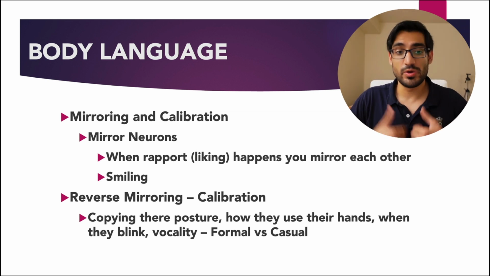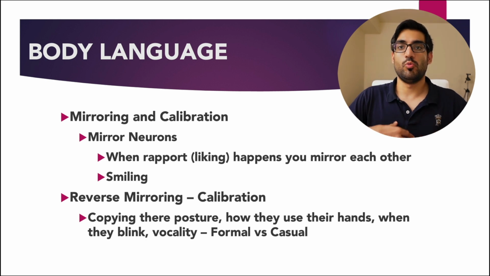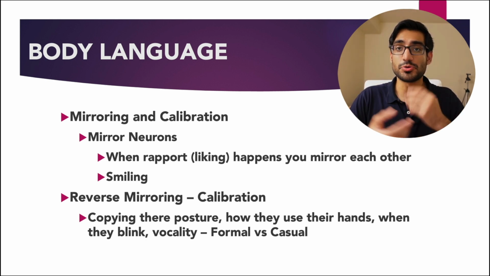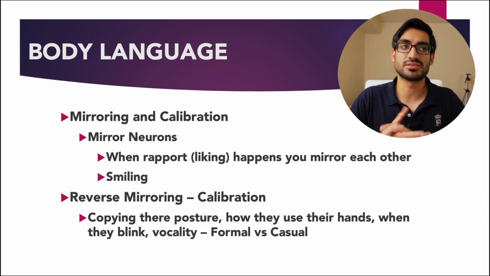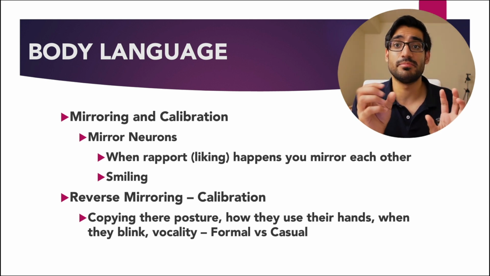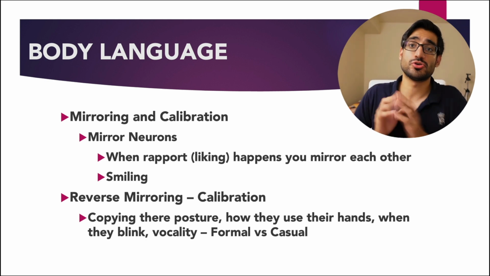So the way we can do this is by mirroring other people, right? The way we can mirror other people is to take on however they're talking to you, and try to talk with them in that manner. For example, if they're talking a bit formally, shift to talking a bit formally. If the person next to you is fully casual, talk casually, right?